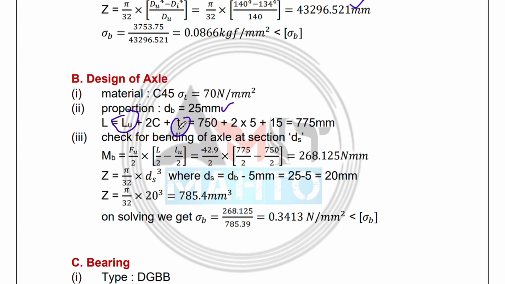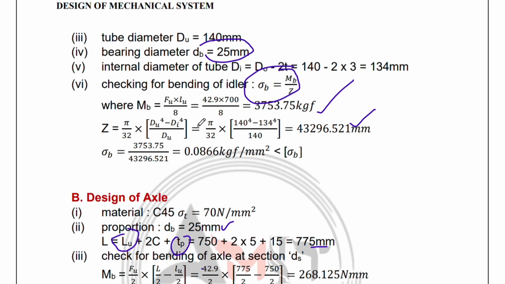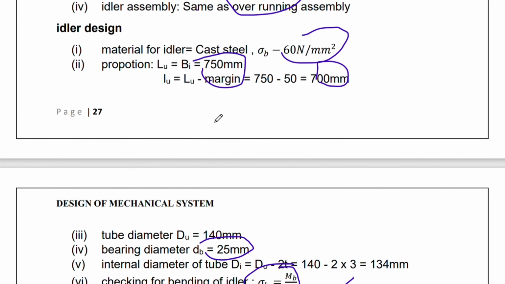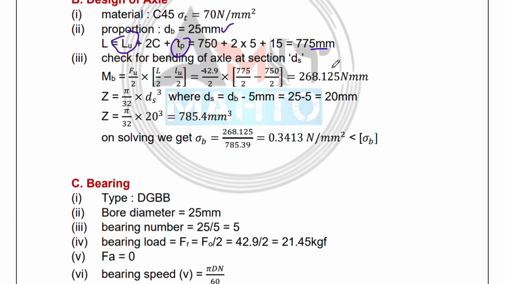Capital L we got 775 mm, and small Lu is equal to 700 mm. Put all the values here, substitute, and get the answer. So moment you will get 268.125 Newton mm.